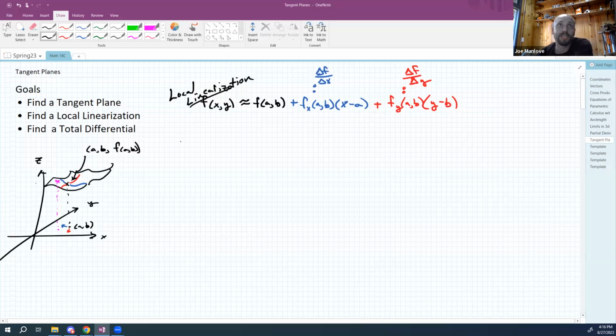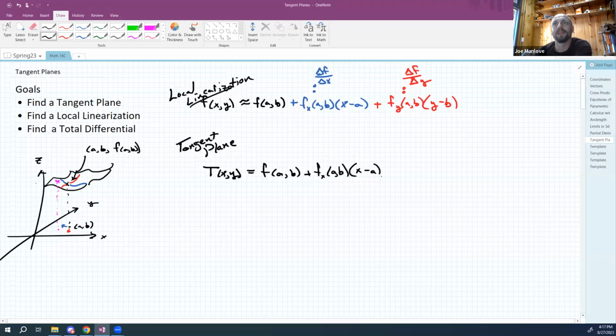So that's local linearization. A tangent plane is not really different at all. For a tangent plane, I just do this. I say the tangent plane as a function of x and y is equal to f at (a, b) plus fx at (a, b) times (x minus a) plus fy at (a, b) times (y minus b).